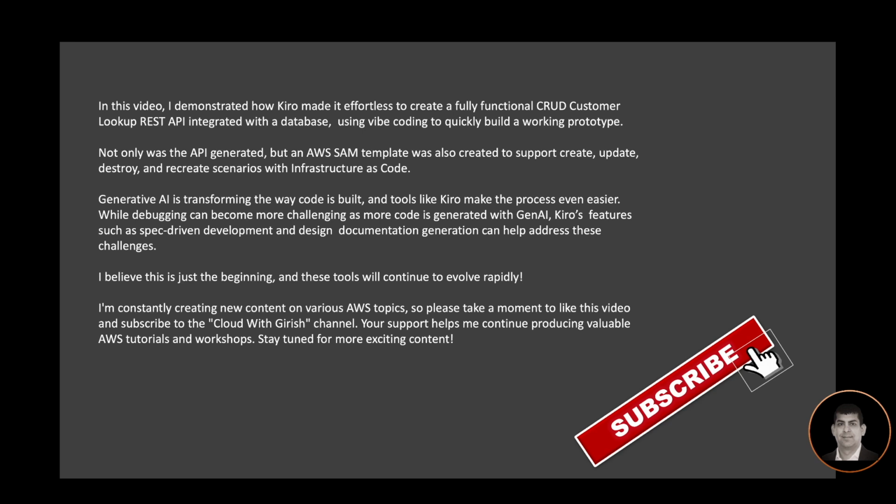Generative AI is transforming the way code is built, and tools like Kiro make the process even easier. While debugging can become more challenging as more code is generated with Gen AI, Kiro's features such as spec-driven development and design documentation generation can help address these challenges. I believe this is just the beginning, and these tools will continue to evolve rapidly.